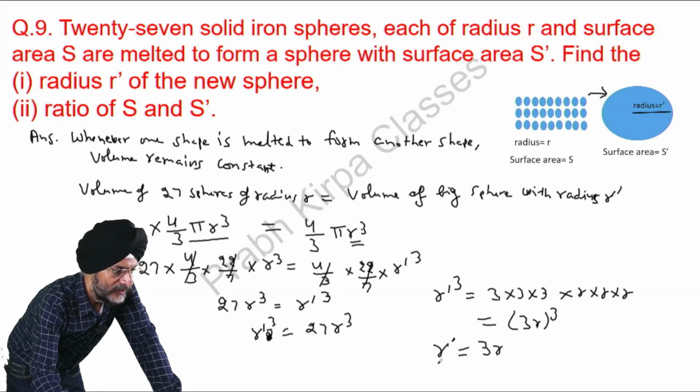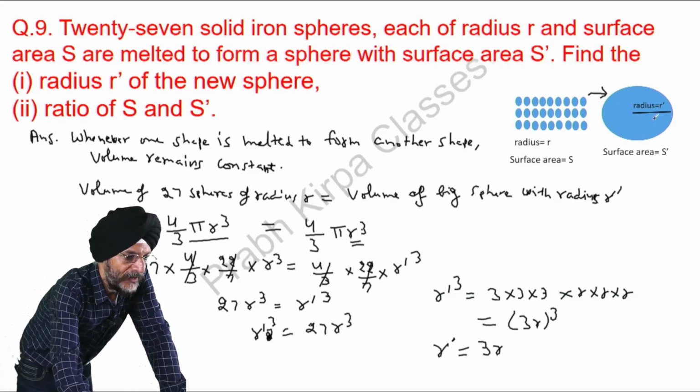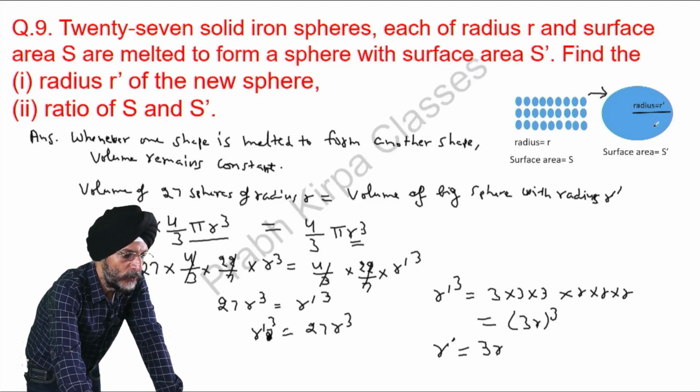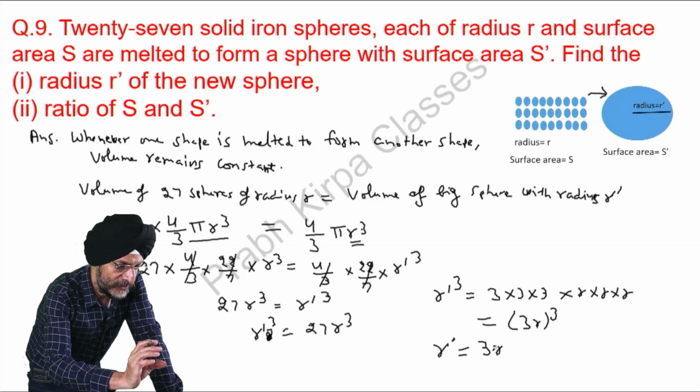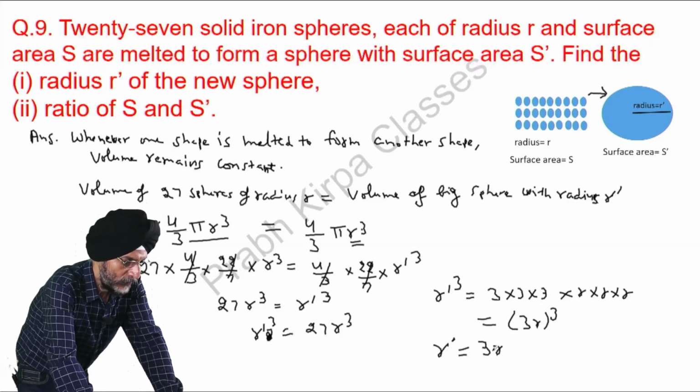That is, the radius of the big sphere will be equal to 3 times the radius of the small sphere.